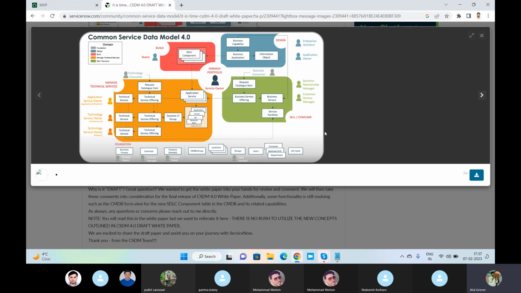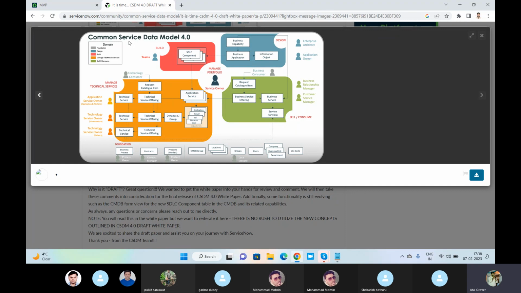In short, this concept brings a term called service into the picture. Remember the day one class: service means something you provide to the customer where the customer doesn't have ownership of the risk and the costing part.